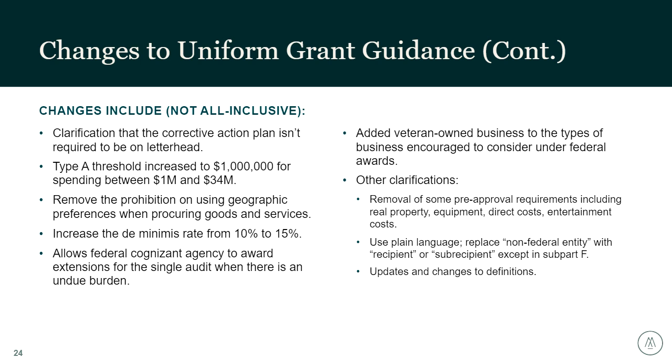It also increased the minimum indirect cost rate from 10% to 15%, and the exclusion of sub-award cost in the modified total direct cost calculation used for the minimum indirect cost rate, and certain other rates, were also increased from $25,000 to $50,000.